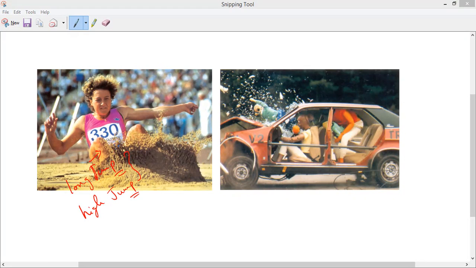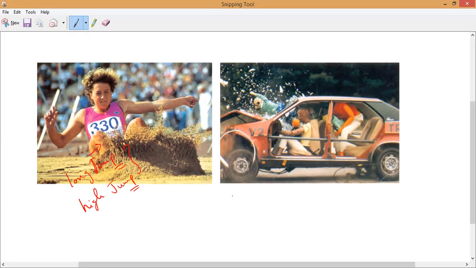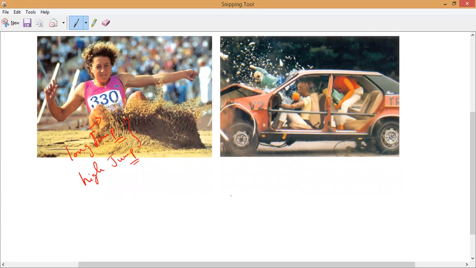Please respond. To reduce the force? Not that, you have to say something else. Any other? Reducing the momentum. Yes, Mitakshri, how will it reduce the momentum? By increasing the time. Impact time should increase. Yes or no?